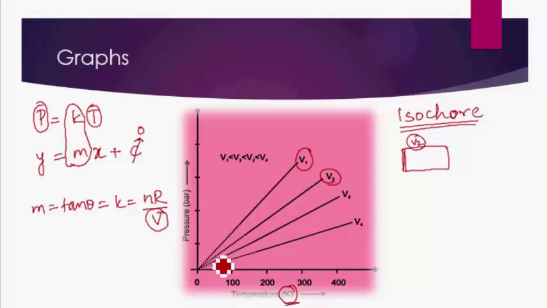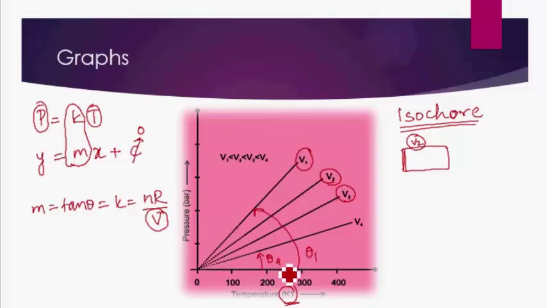Now this again is an isochore, and then if I change the volume of the container to V3 and again plot the graph for Gay-Lussac's law, that is between pressure and temperature, the graph will be the third straight line. In order to find the relation between these four volumes V1, V2, V3 and V4, we can simply look at the slopes of these lines starting from theta 4 towards theta 1.